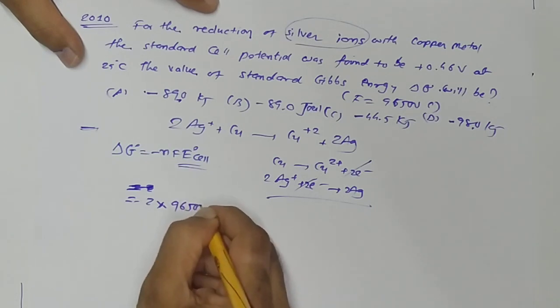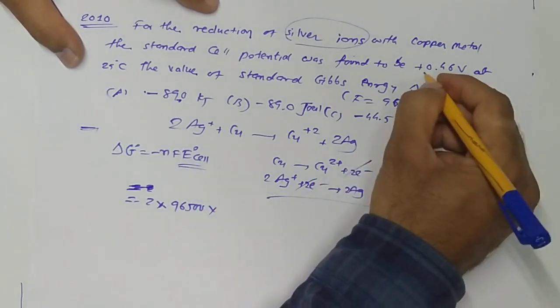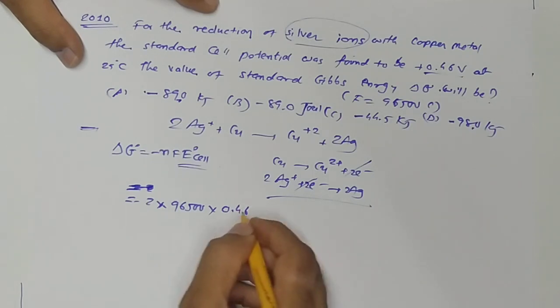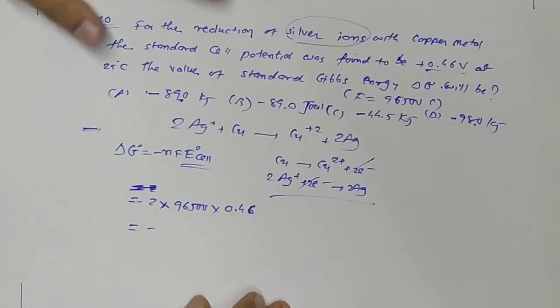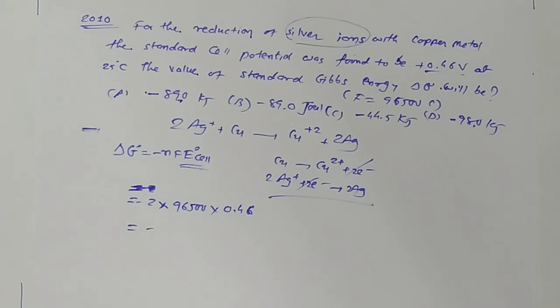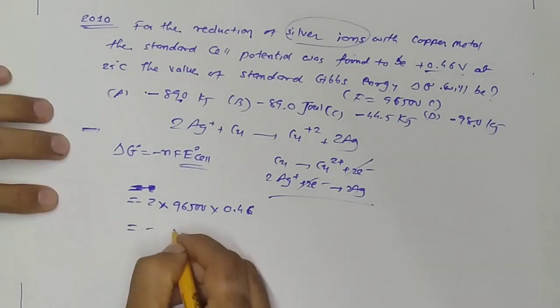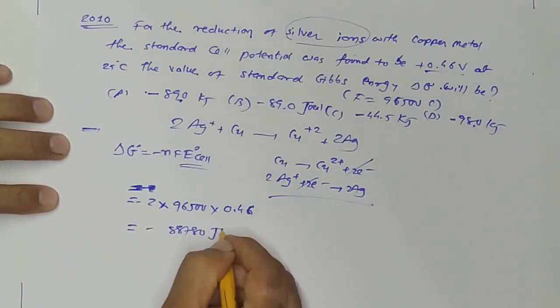F is the constant 96500. E degree cell is given as 0.46 volt. So multiplying: 2 into 96500 into 0.46 gives 88780 joule.